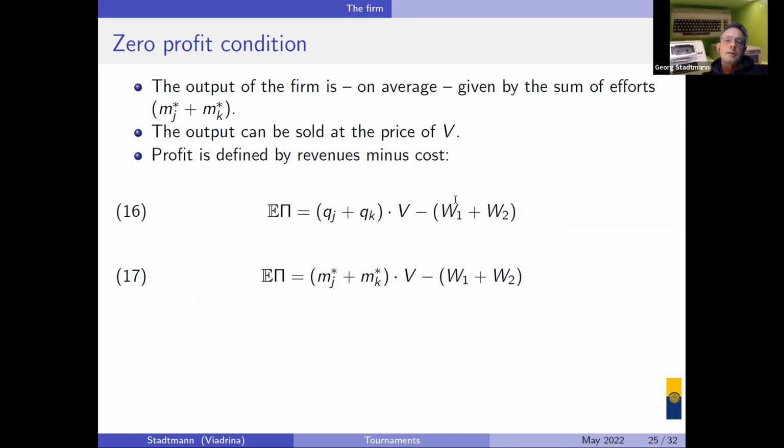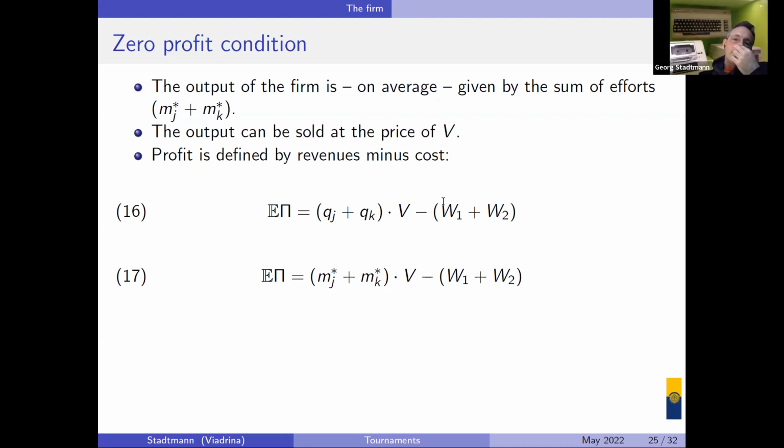Let's once more think about the profit function of the firm. The output of the firm is on average given by the sum of the effort levels, the effort excelled by athlete J plus the effort excelled by player K, because of the fact that the error terms do not matter.